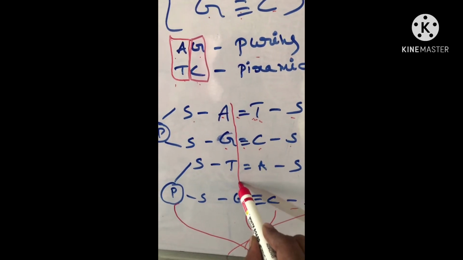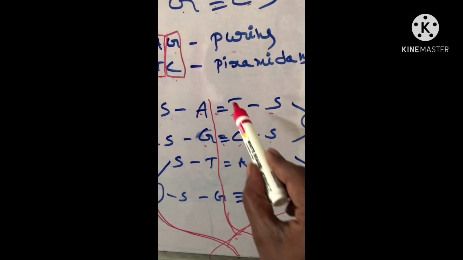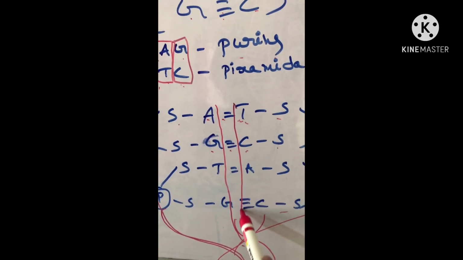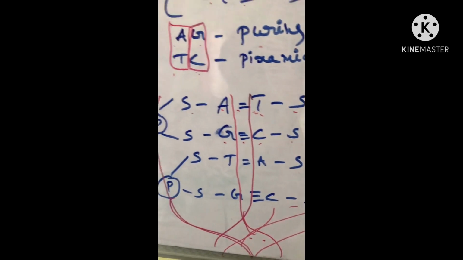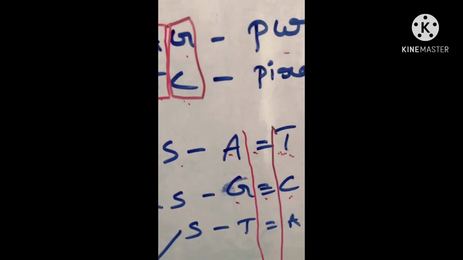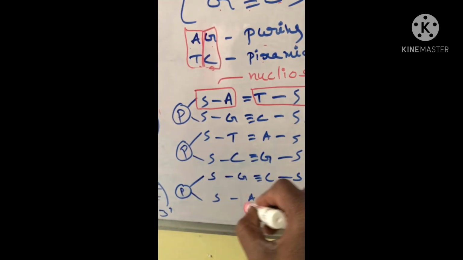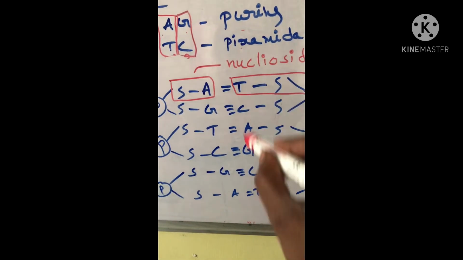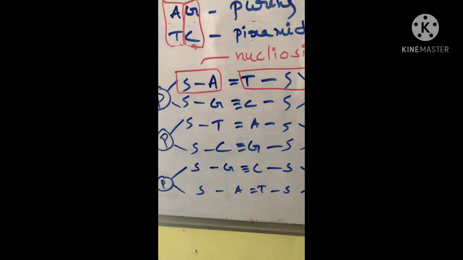Closely observe here. This is the side portion. Okay. Then you come to the topic. This is the double helix structure. This is one side and this is another side of the helical structure.